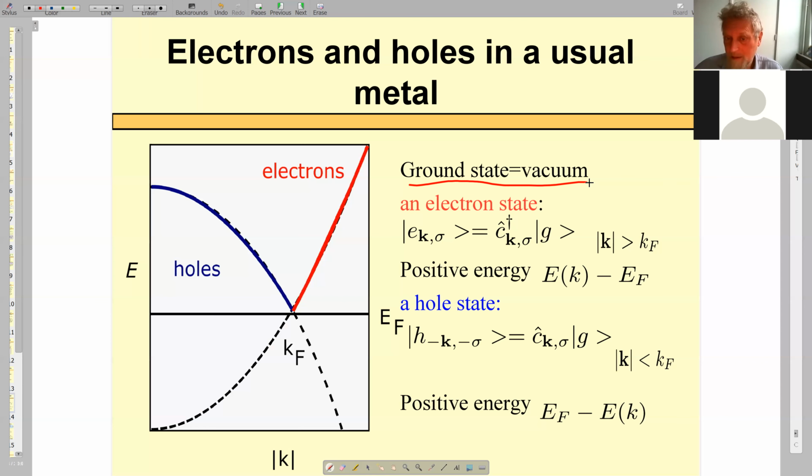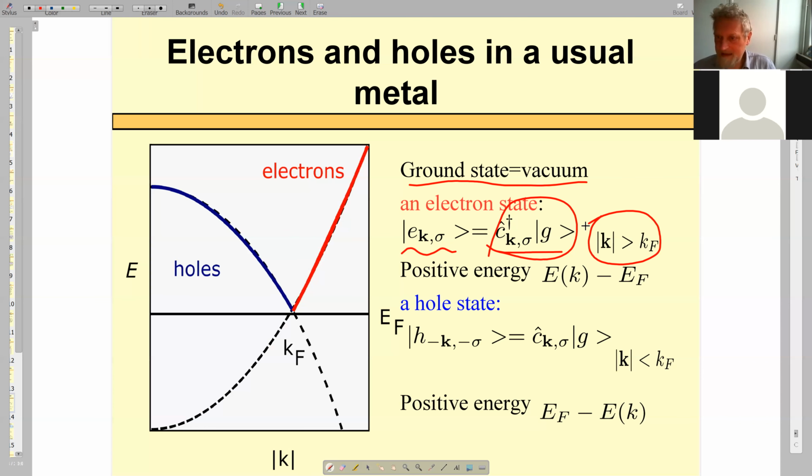What we can do is add an electron to this ground state, making an electron excited state, a state with a single excited electron. That only works if there's empty space to create this electron, so that only works for K bigger than KF.